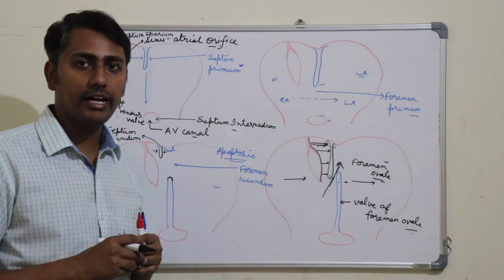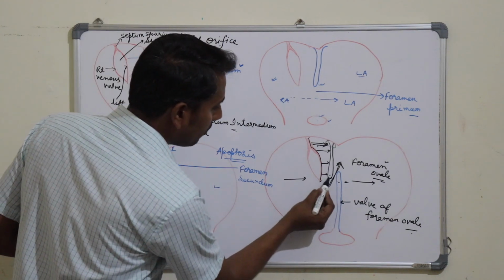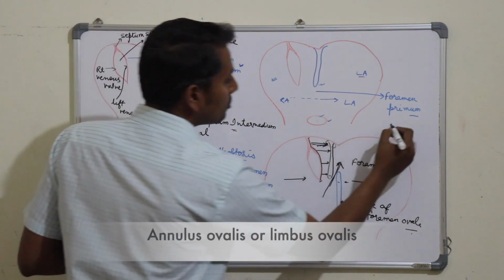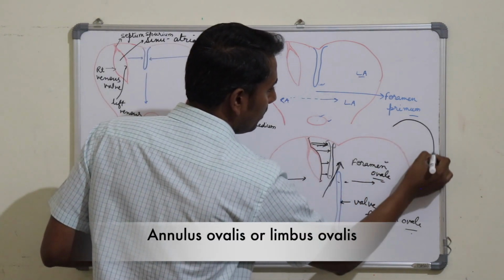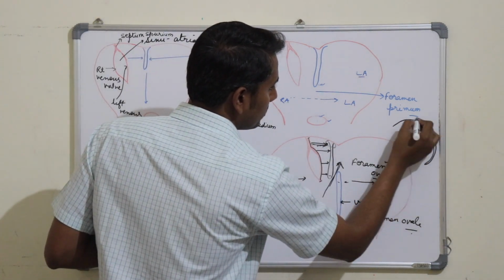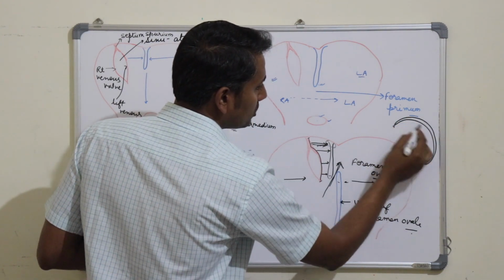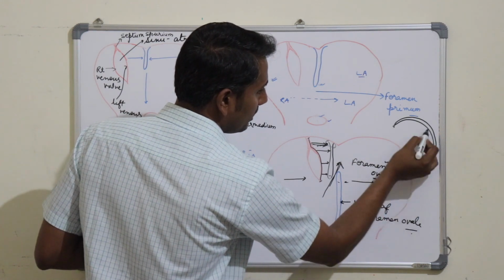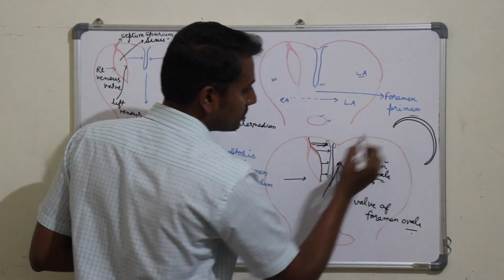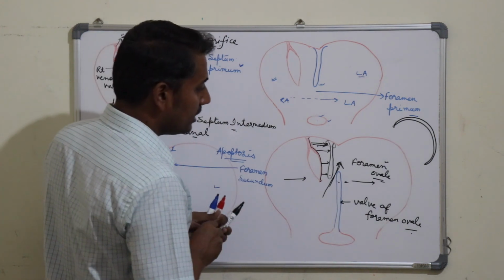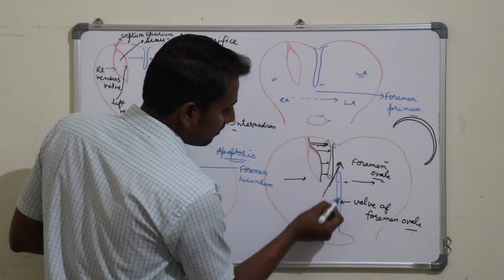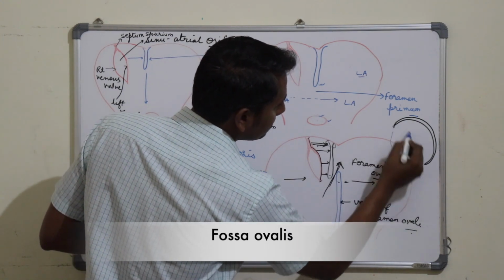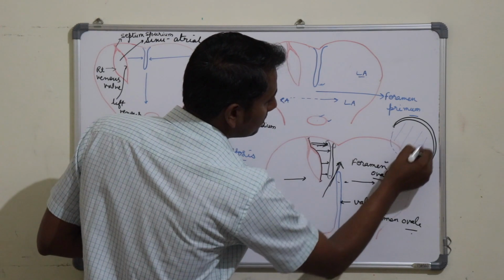Now, in terms of adult anatomy, the lower free margin of the septum secundum will form the annulus ovalis or limbus ovalis that surrounds the fossa ovalis from the superior as well as in the anterior part, and a small part posteriorly also. Okay, and the septum primum will form the fossa ovalis, this area.